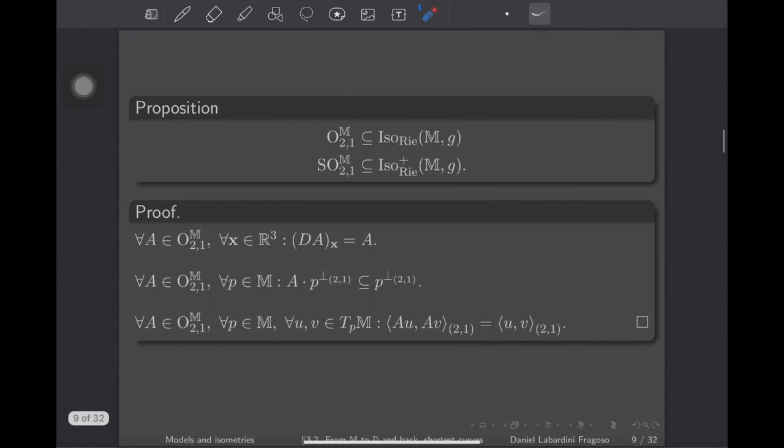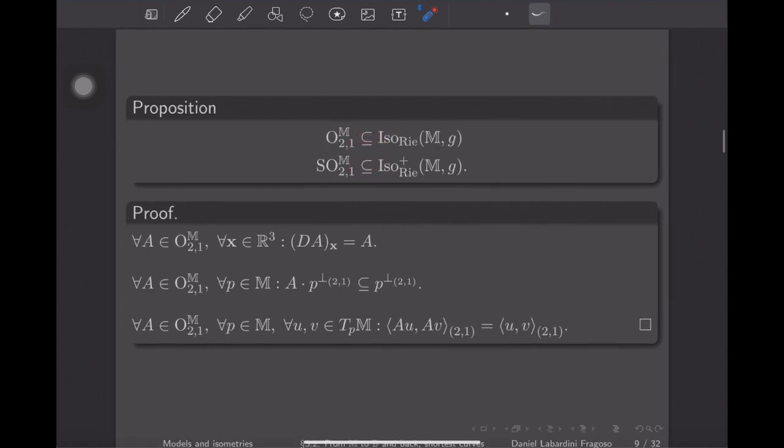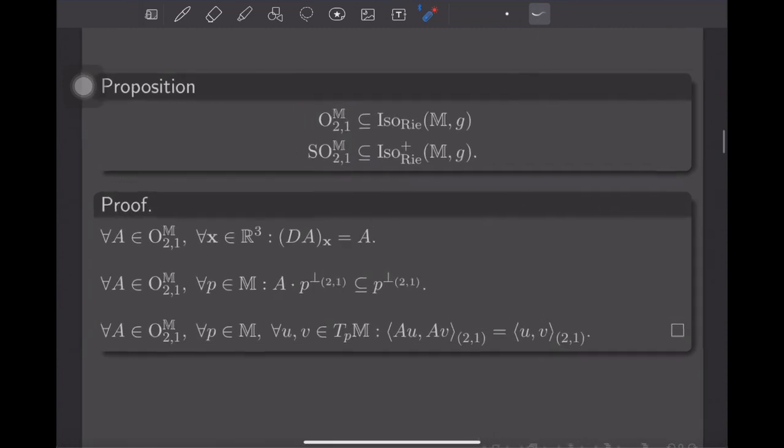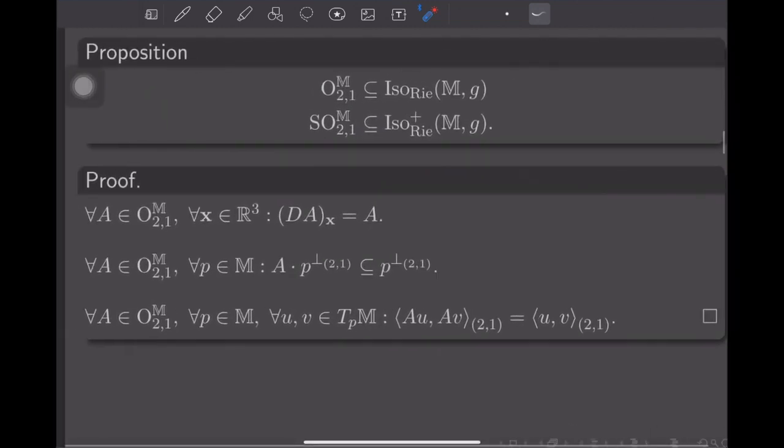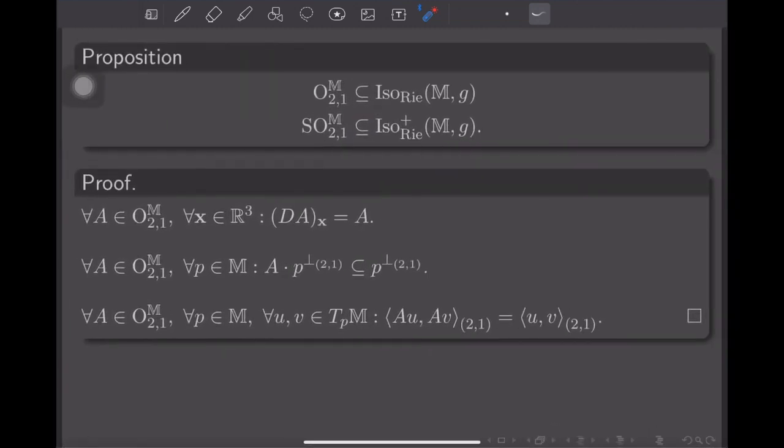And actually later on we will show that here we have equality. Here we have equality, but for the moment we cannot prove it. But actually these are the groups of interest in the hyperboloid model.